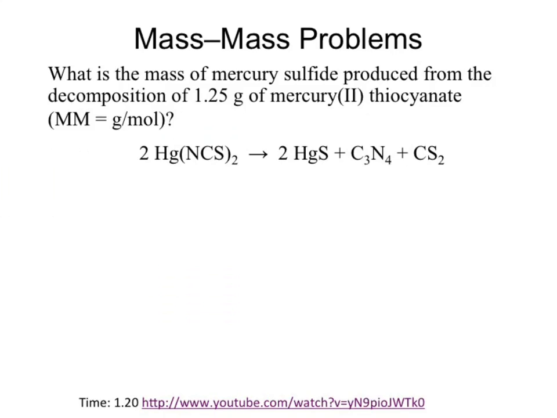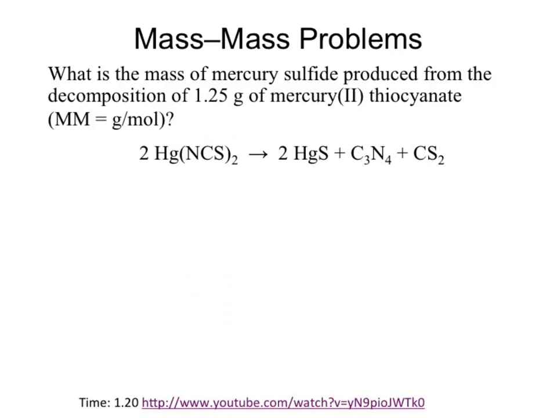I think the gas in this case is the CS2, carbon disulfide. If you've smelled rotten eggs before, that's carbon disulfide. It's a horrendous smelling compound, which is probably a good reason why they won't do it in lab, but I'll see what they can do for you.